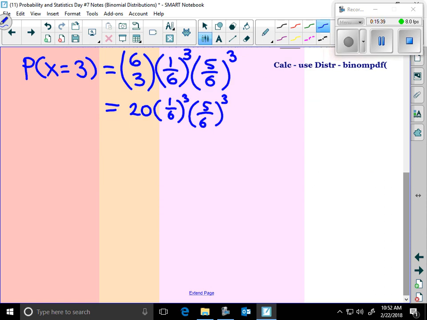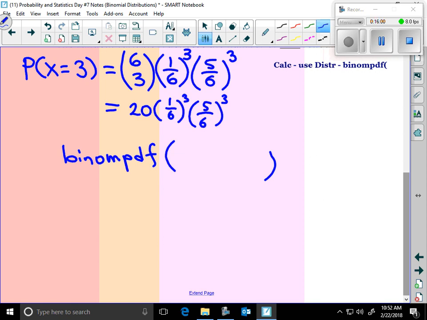And what I'd like you to press is, and I don't have my calculator, that's cool. I want you to press second vars, and I want you to find binomial, binom PDF.